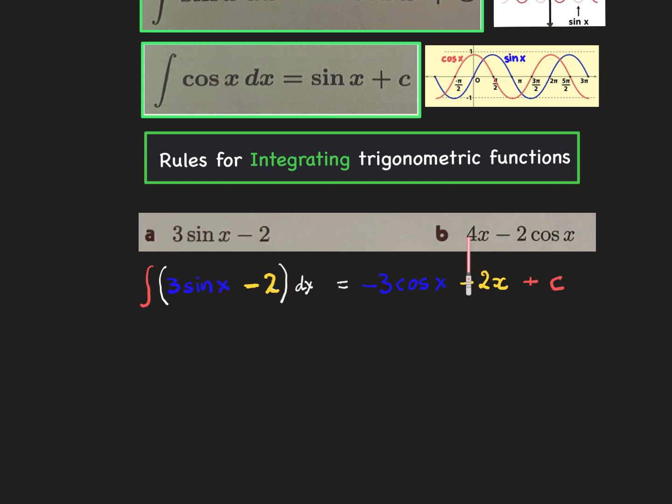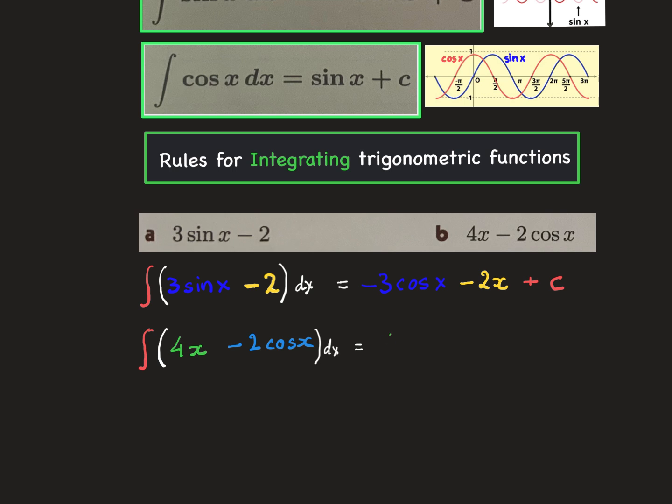And so to integrate 4x minus 2 cos x, we start off with the integration symbol, then we write 4x, the first term, and we follow this by the second term, which is minus 2 cos x.